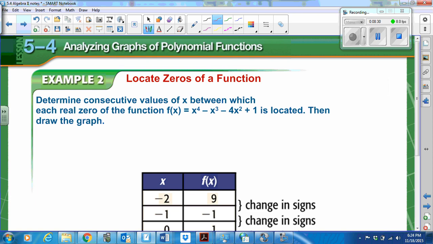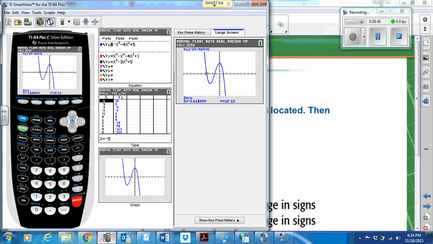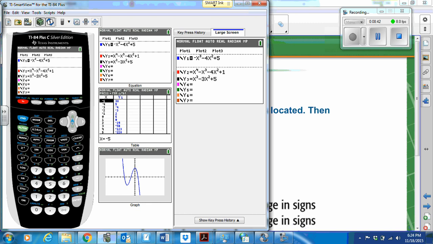All right, determine consecutive values of x between which each real zero of the function is located, and then draw the graph. Well, you would go to your calculator again and put it in, and I'm going to show this one.